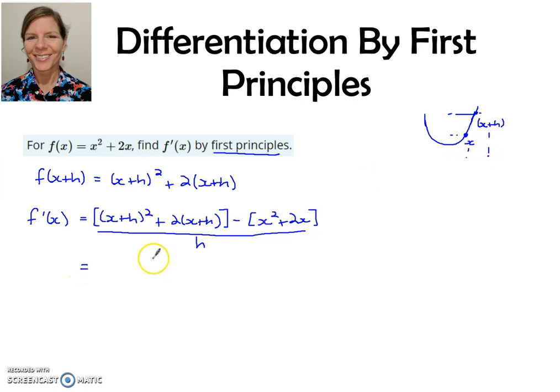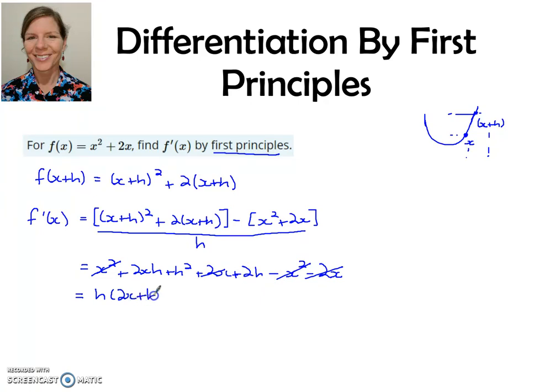Now, this takes a little bit of expanding, but we'll just do it quickly here. We've got x squared plus 2xh plus h squared plus 2x plus 2h minus x squared minus 2x, being careful with your signs in there. That x squared gets rid of that one, that 2x goes with that one. What we end up with is 2xh plus h squared plus 2h. We can factorise the h out of there.